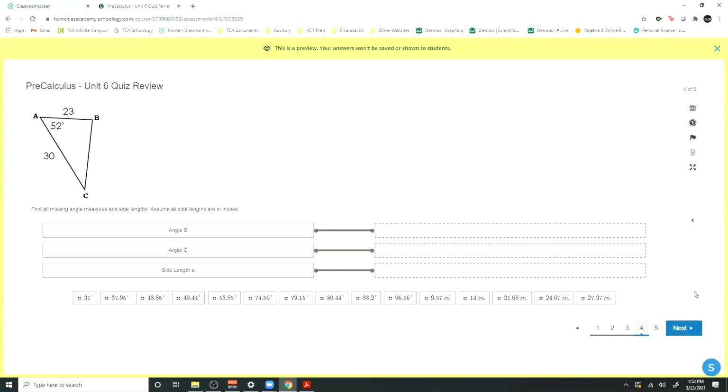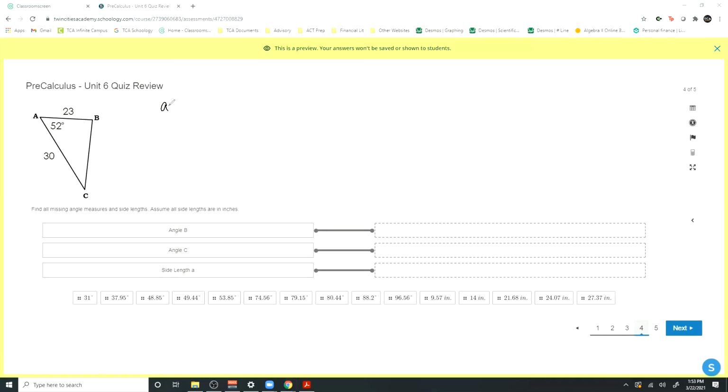All right, two more and then we're done. This is another case, number 4, where I've got two sides and the included angle. So that tells me I'm going to be using law of cosines again. And more specifically, I'm going to be using the standard form starting with a squared because this is the side across from my known angle.